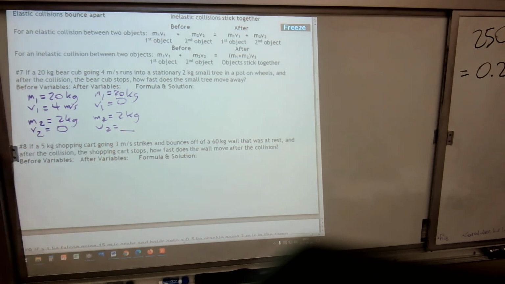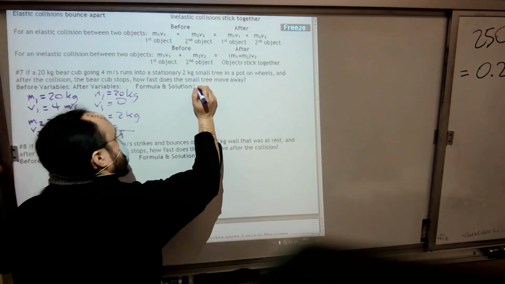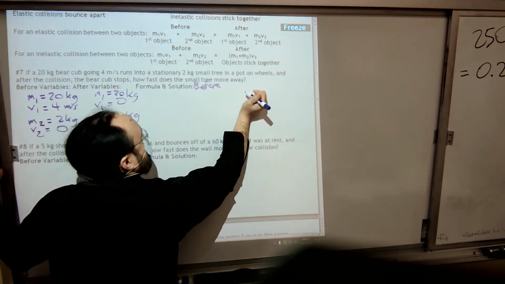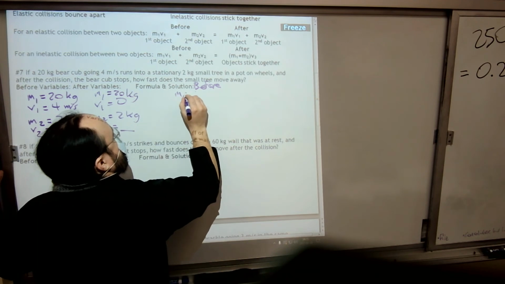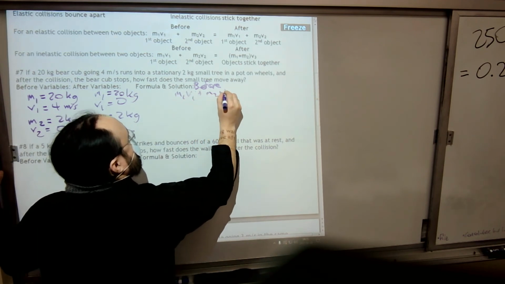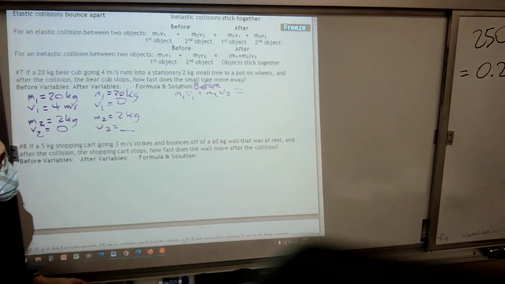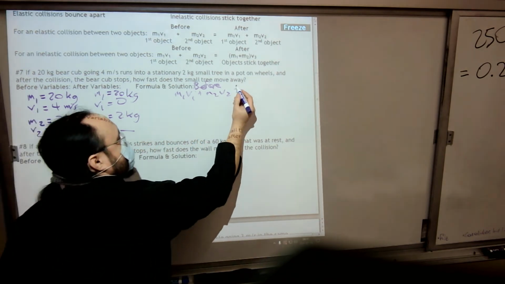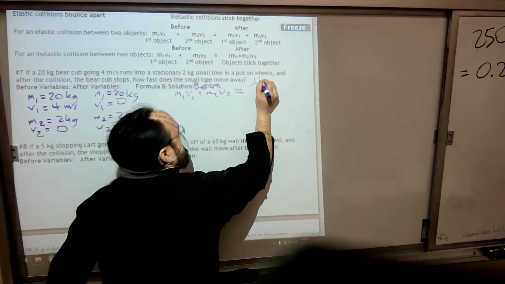Like I said, the hard part about this is writing all this stuff down. The math is easy. I've got M1 V1 plus M2 V2. That's the momentum of the system before, and it has to equal the momentum after.